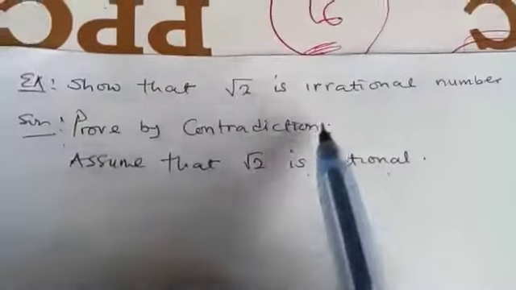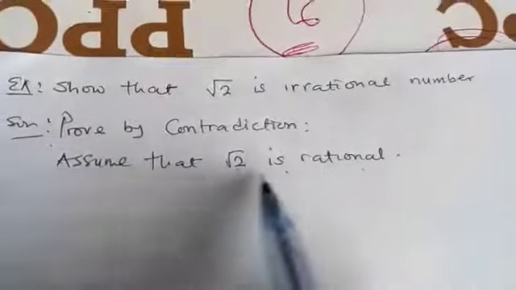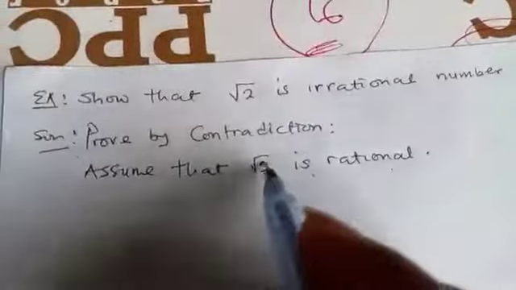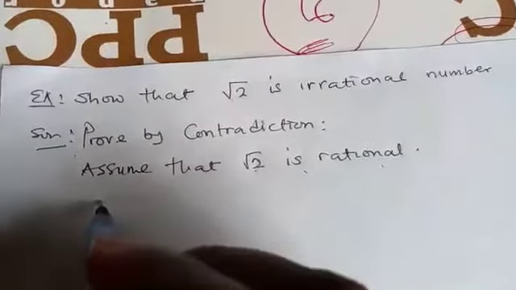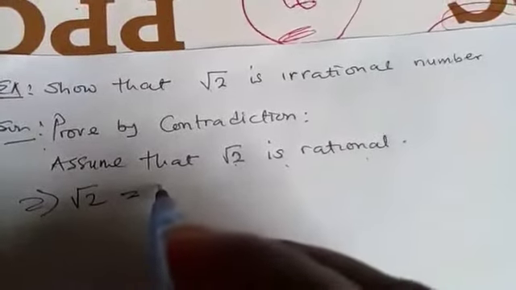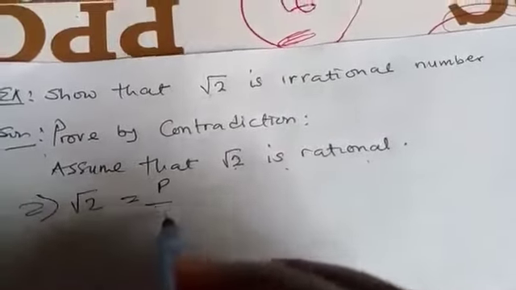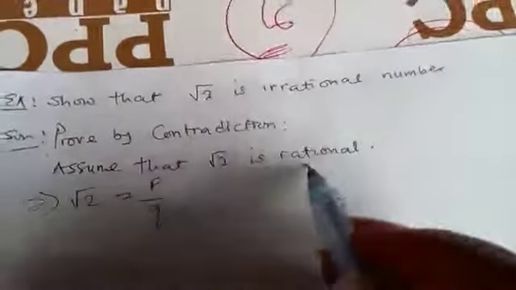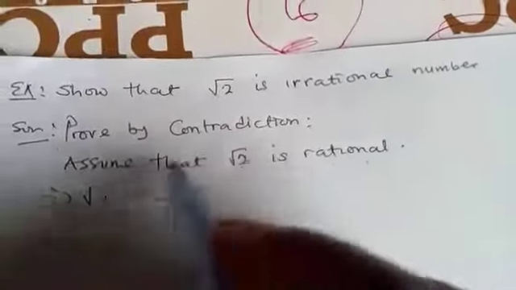Since we want to prove by contradiction, we have to assume that square root of 2 is rational. Now, since square root of 2 is rational, that means that square root of 2 can be expressed in terms of P over Q, because if it is rational, it must be in terms of a fraction.